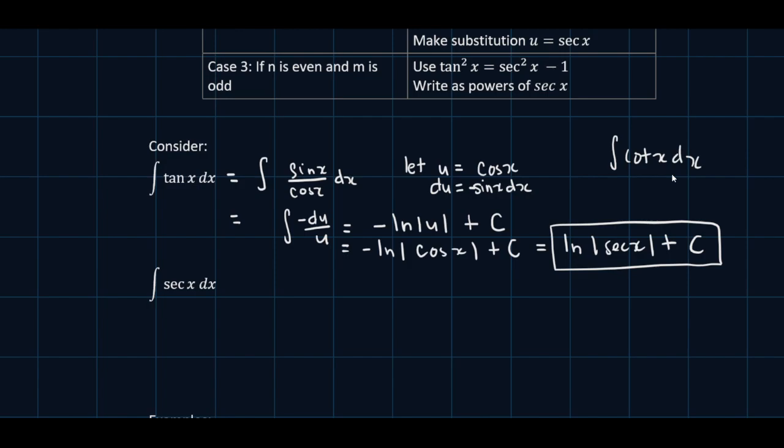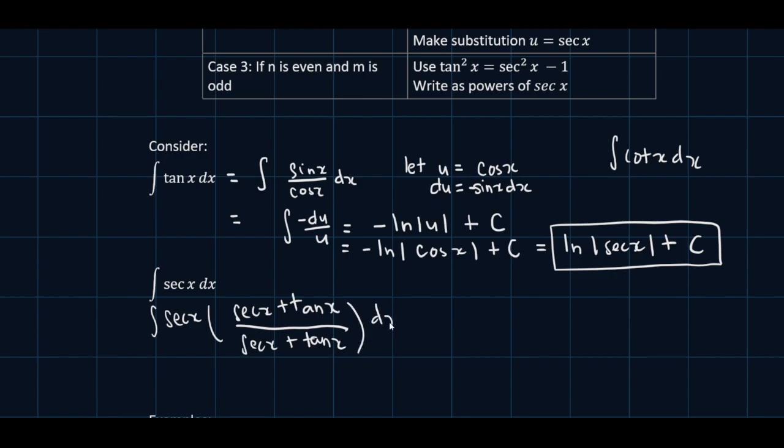Okay, now the next integral is a bit more complicated. So we have the integral of secant x dx. In order for us to solve this, we can actually multiply this by 1, but the 1 is written in another form. So we're going to multiply it by secant x plus tangent x all over secant x plus tangent x.